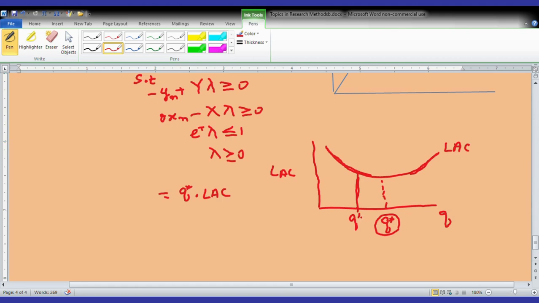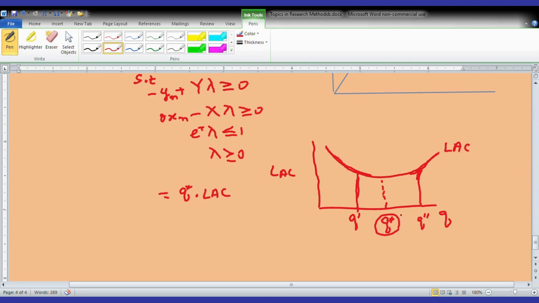It is in this sense that Q dash is said to be a level of output associated with scale inefficiency. Similarly, if you find yourself in the upward sloping portion of the long run average cost, then the associated level of output Q double dash is said to be scale inefficient, because you are producing at a per unit cost which is more than the minimum.